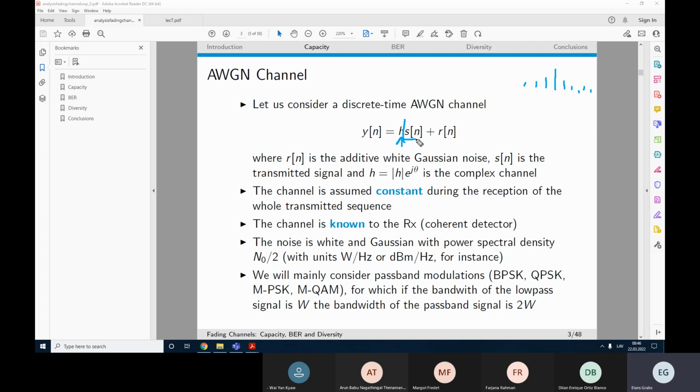We have our signal that we need to transmit, and we also have noise. In this slide, we assume that the channel impulse response is just a constant. So basically that means we have some h value, and all the other values are simply zeros.